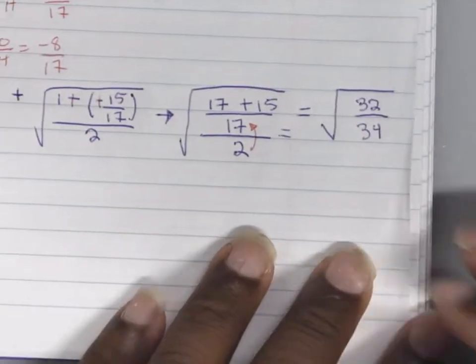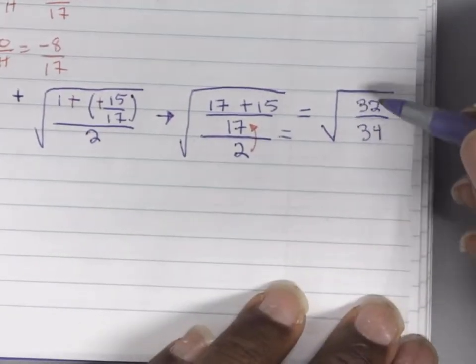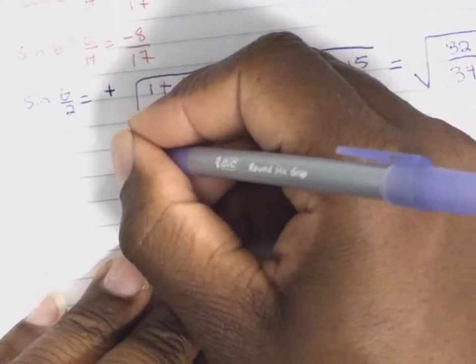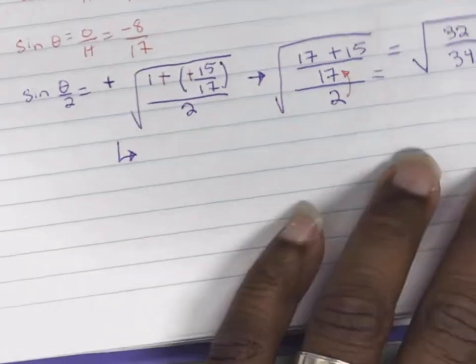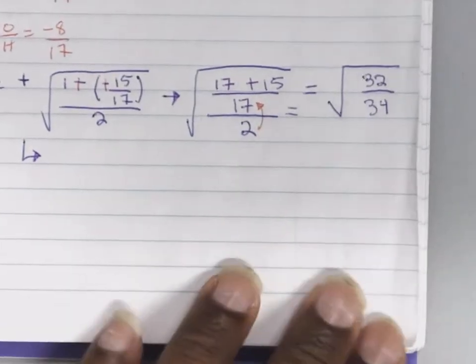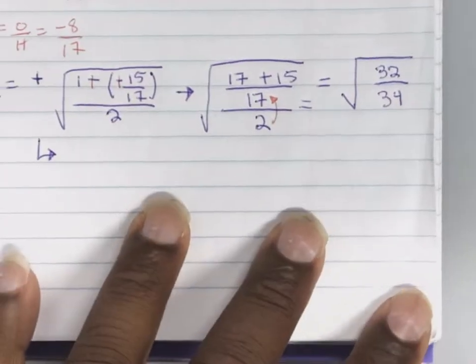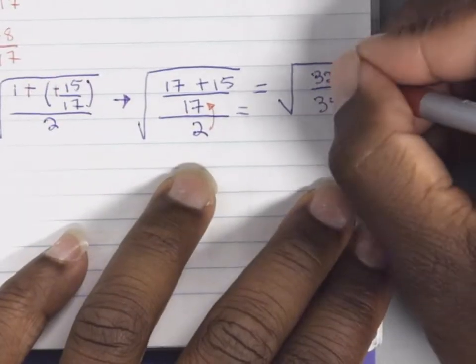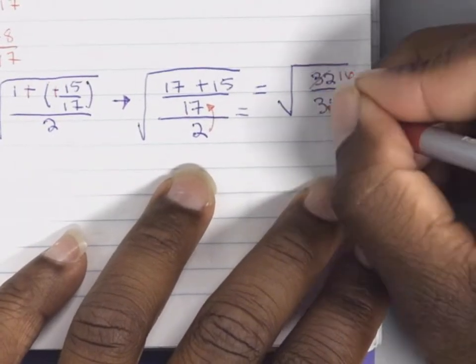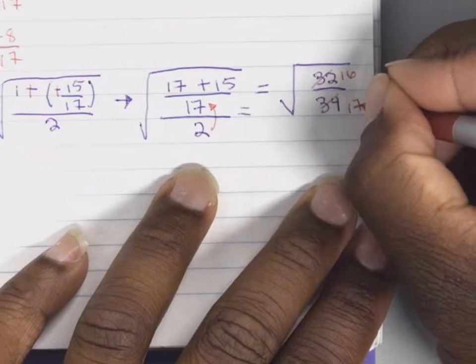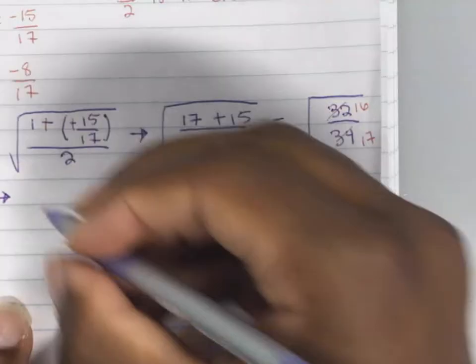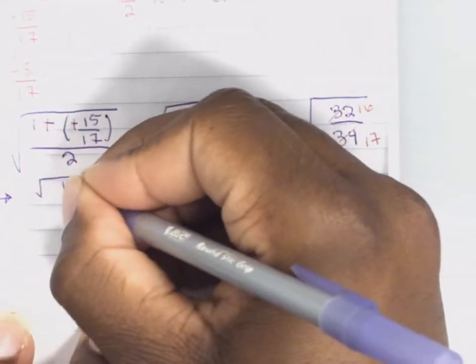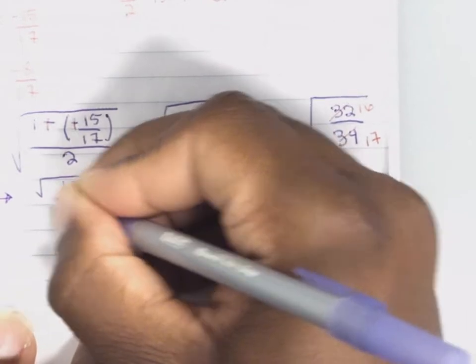Then I can reduce these since both of them are under the radical. They both are divisible by 2. So 32 divided by 2 is 16. 34 divided by 2 is 17. Sixteen is a perfect square.